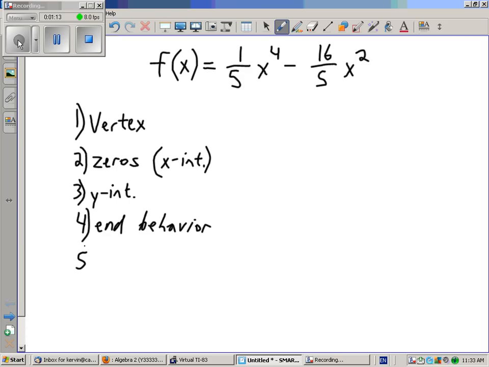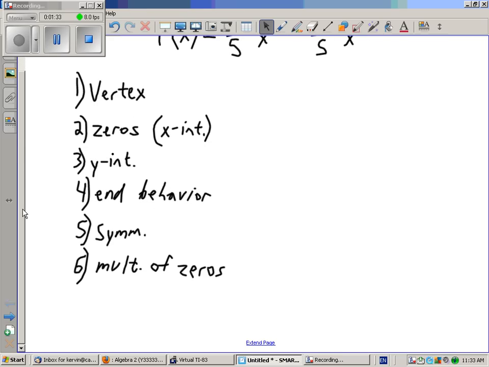We need to determine what the symmetry is so we know what to expect, and also to save us a little bit of work possibly. Finally, we need to take a look at the multiplicity of the zeros. So we've got a number of different things that we need to figure out about this graph.